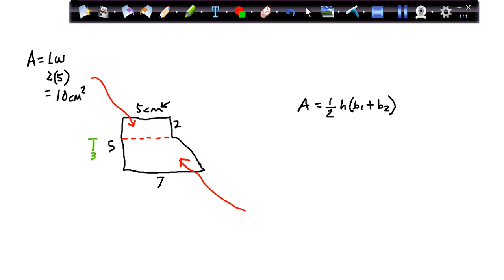Right? Well, how are they coming up with 3? Well, we know it's 3 because this piece up here is 2. And so the whole thing is 5, so it has to be 3, right? That's how they're coming up with the 3. You see it in your book.